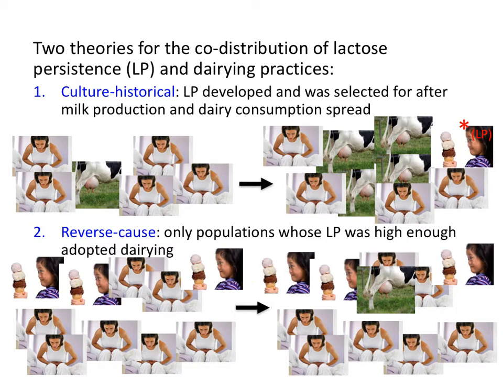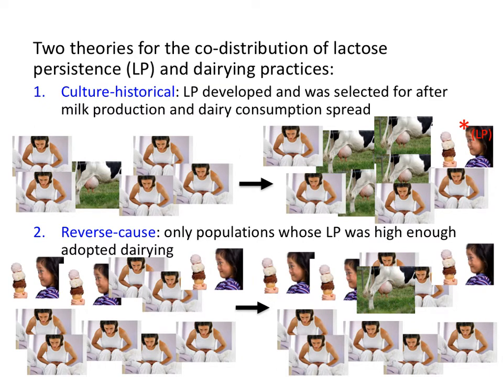The second hypothesis is basically the opposite. In some human populations, this mutation already existed. So not everybody in this early population has lactose tolerance, but some individuals have this mutation already. That makes that human population perfect for starting dairying.